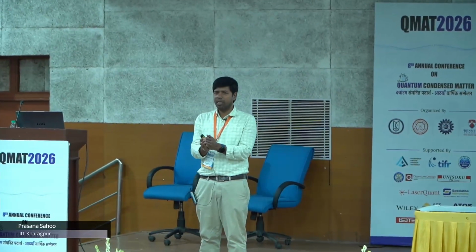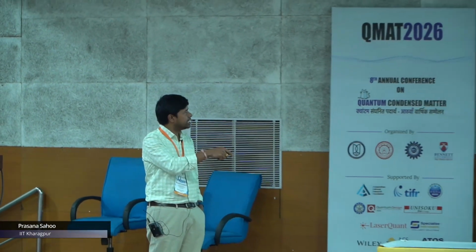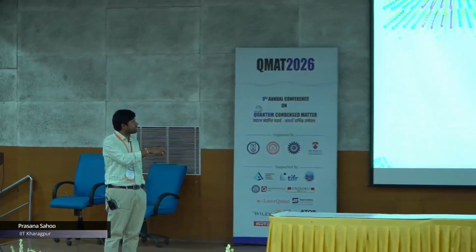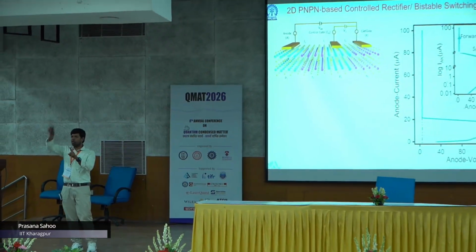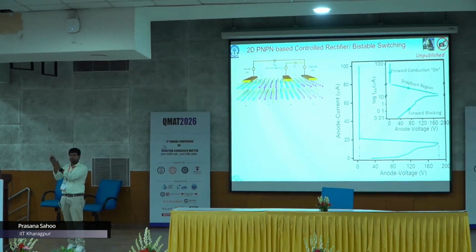People believe it will just burn out, but because it is a lateral geometry, in addition to the high quality of the bilayer structure, it can hold a voltage of 180 volts. Then, when the avalanche effect happens, it suddenly switches back with a sudden surge of current after the threshold voltage.